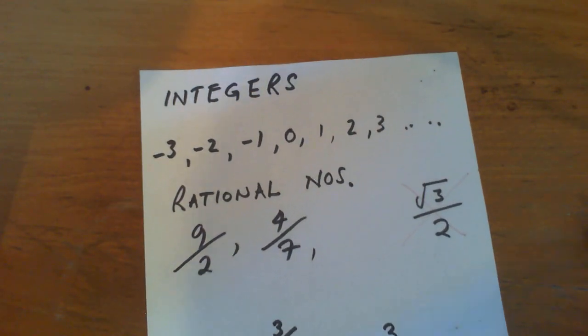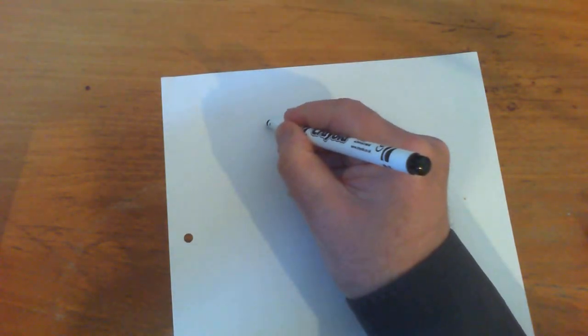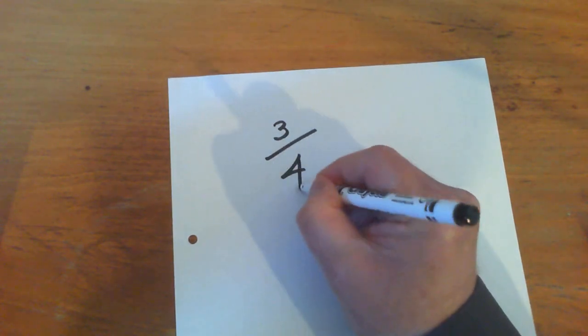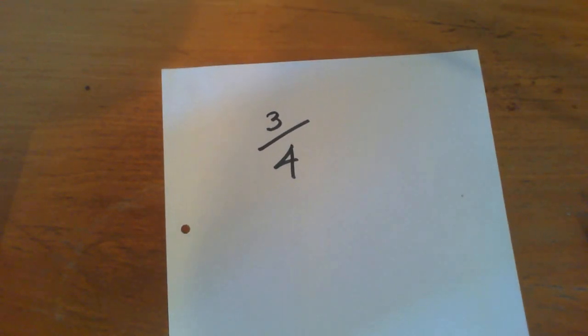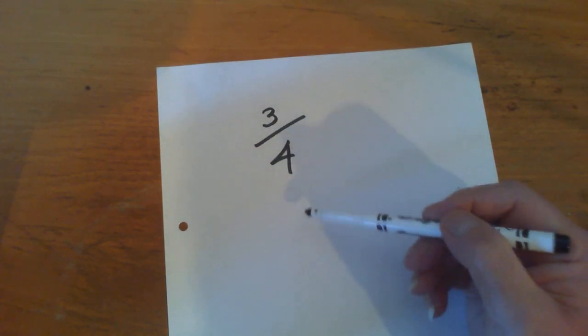Right. Before the next step, if I write a rational number, say 3 over 4, this is a fraction and a rational number, but it also has the purpose of a division. I can view that as being 3 divided by 4.